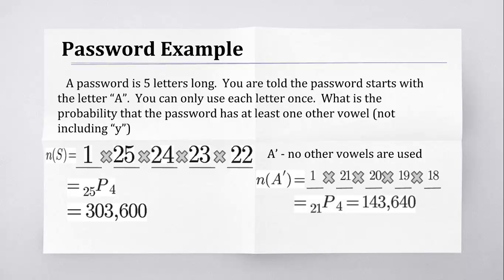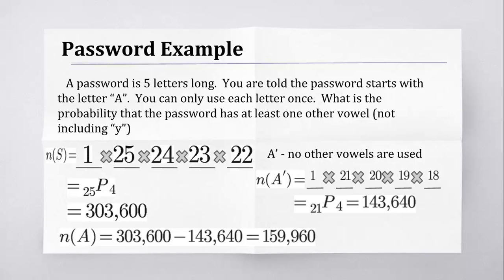In total, you get 21P4, which is 143,640. N of A is the difference between those two, and the probability of A is N of A divided by N of S, which is about 52.69%. So the probability the password has at least one other vowel is pretty high. Over half the time you can have at least another vowel in there.